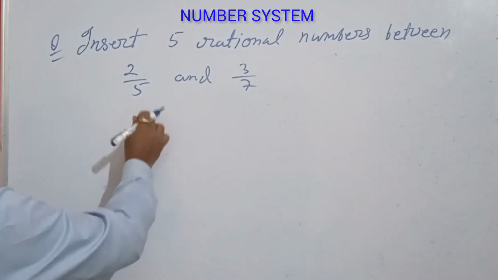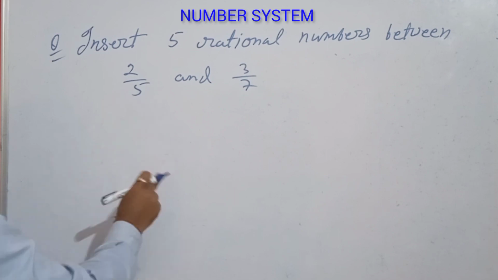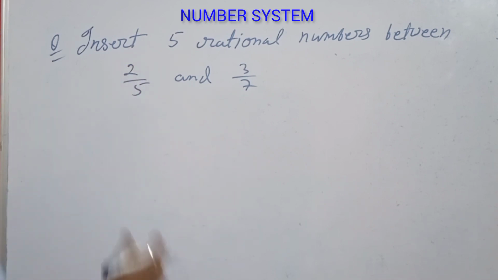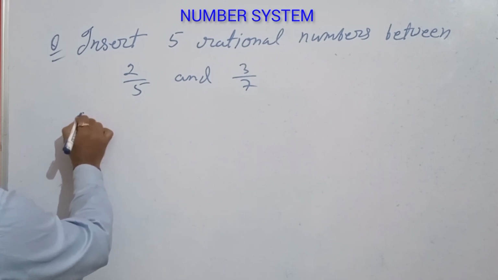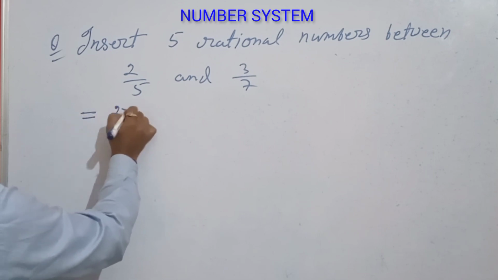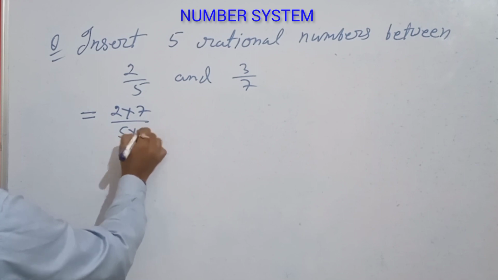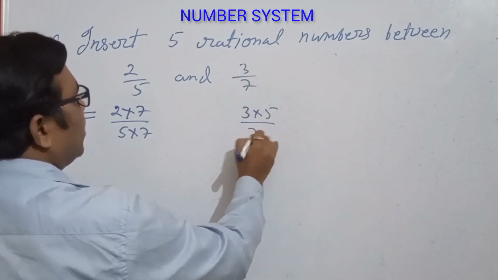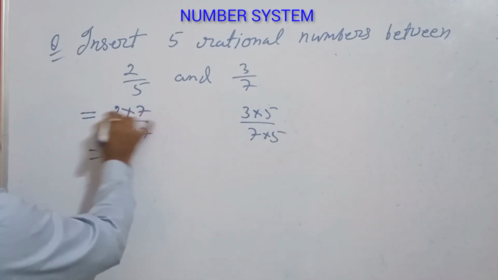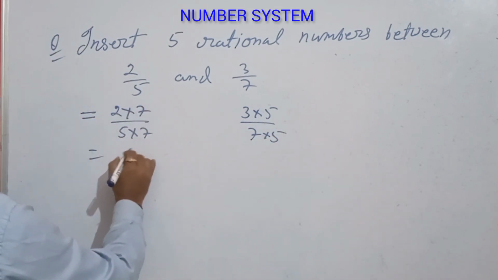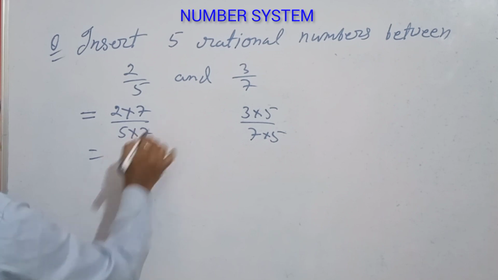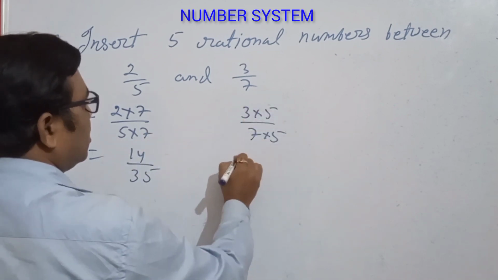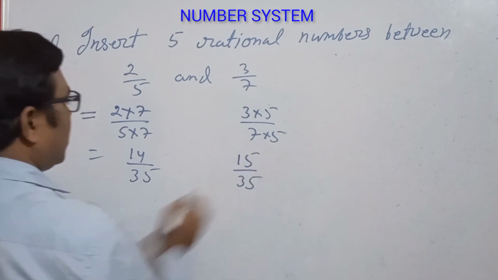So to make denominator 5 as 35, we will multiply numerator and denominator by 7. So it will become 2 into 7 by 5 into 7, and this will become 3 into 5 by 7 into 5. 2 into 7 is 14, by 5 into 7 is 35, and this is 15 by 35.